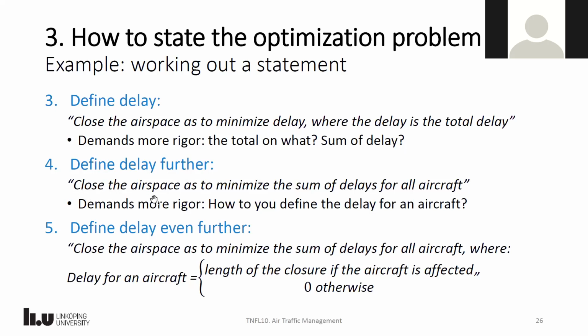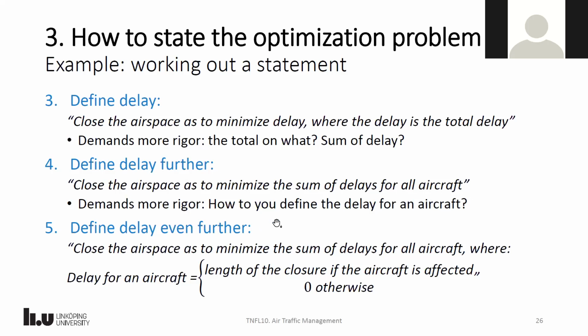We want to close the airspace as to minimize the sum of delays for all aircraft. Okay, in here we have another term that was not there before, which is aircraft, and we see that we have a lot of them. And the delay, the thing that we want to minimize, which is the total delay, is defined as the sum of delays for all aircraft. Okay, so we are getting there. We are having more answers, but still it needs more rigor.